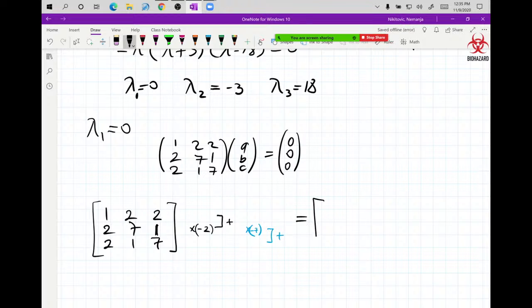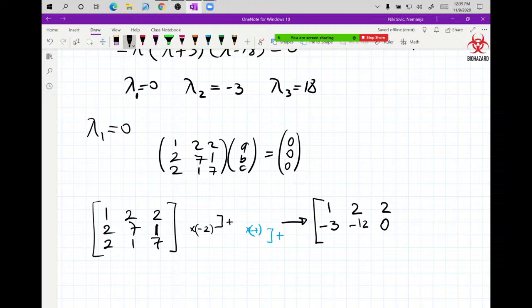So the new matrix is 1, 2, 2. Now, when I multiply this one by -2, I get -4, plus 1 gives me -3. 7 gives me -14, so that's -12. And then -2 plus 2 is 0.